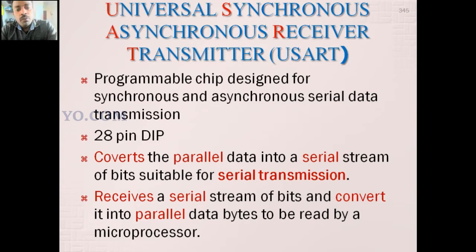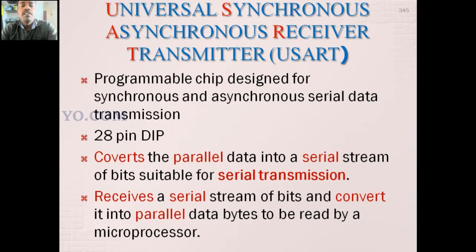So this is a programmable chip, so we can program this IC as per our need. It is designed for synchronous and asynchronous serial data transmission.